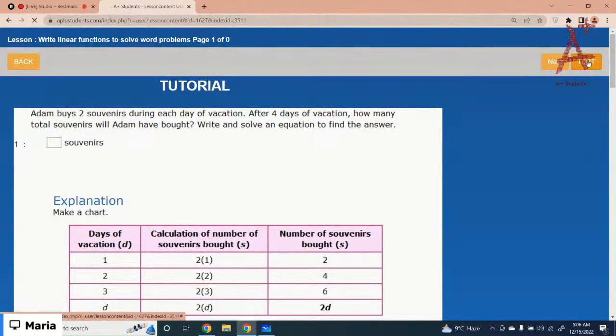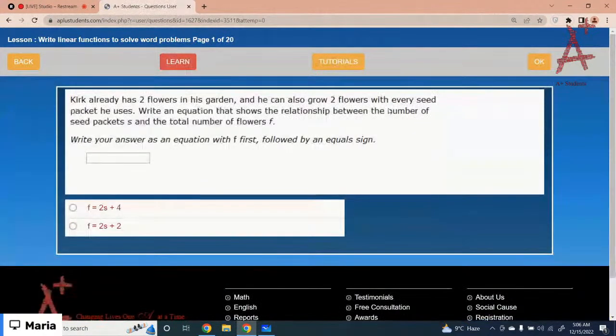Let's click on the test button and start with the test. Okay, let's start with the first one. Kirk already has two flowers in his garden, and he can also grow two flowers with every seed packet he uses. Write an equation that shows the relationship between the number of seed packets and the number of flowers. So he already has two flowers.